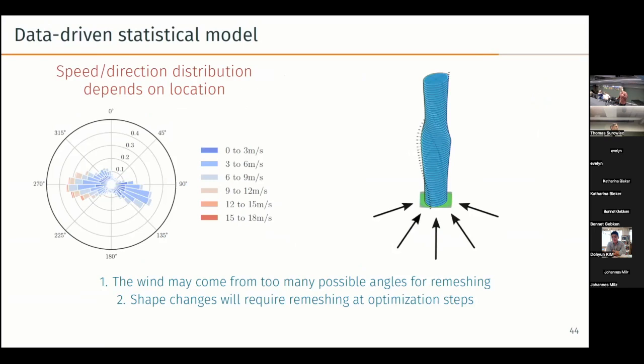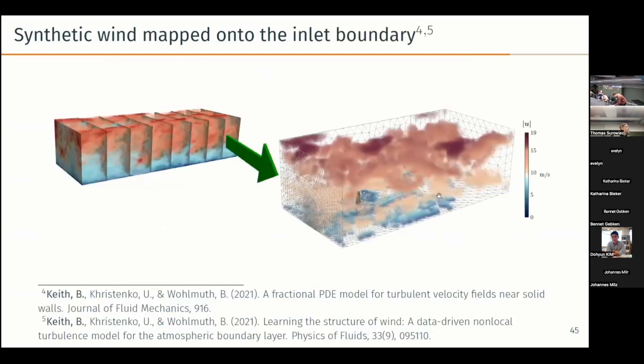So if you actually incorporate that into the design process, what this would allow us to do is sample from this distribution and run simulations with the exact type of mean wind speed and direction for the site at which the building is being built. So we do that. And then for one of those sampled speeds and directions, we run a large eddy simulation in this large box around the given building.